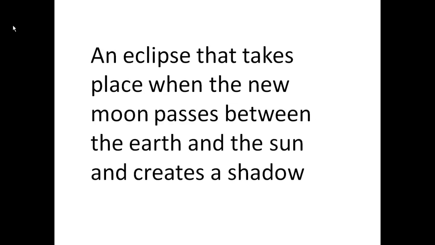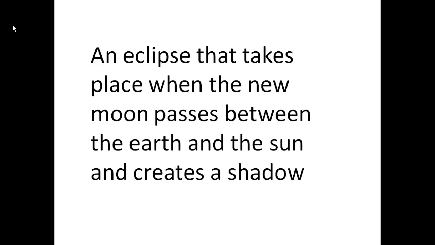Okay, let's talk for a few minutes about an eclipse. An eclipse just means either the Earth is in the shadow of the moon, or the moon is in the shadow of the Earth. With the solar eclipse, this is really pretty cool. It takes place during a new moon phase, when the moon passes between the Earth and the sun, and it creates a shadow over the Earth.